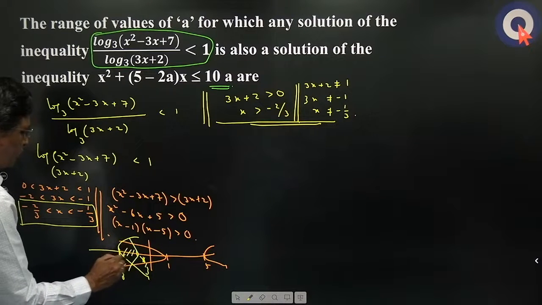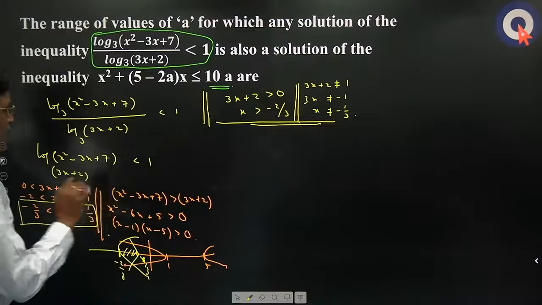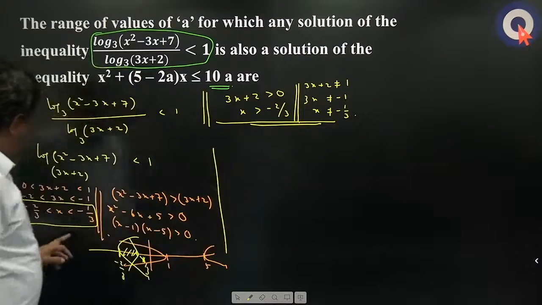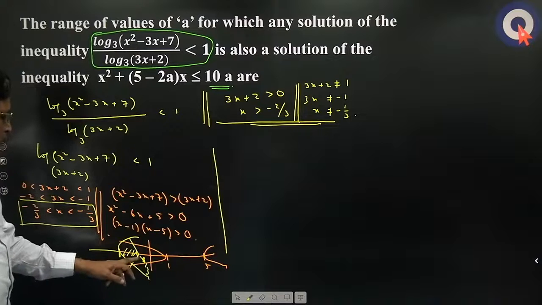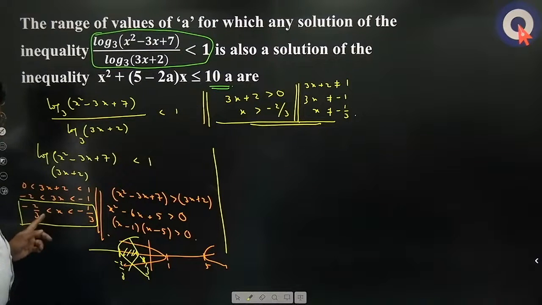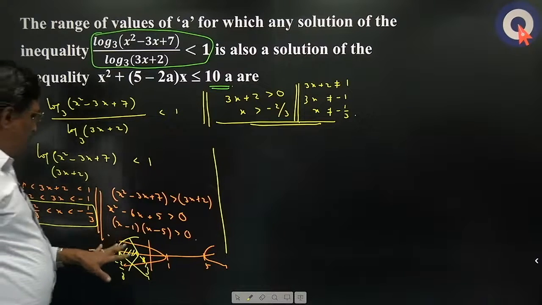This is the acceptable solution for this part. Considering the intersection of this with what we got, and also the conditions that we have, x belongs to (−2/3, −1/3) is the interval that we can take.